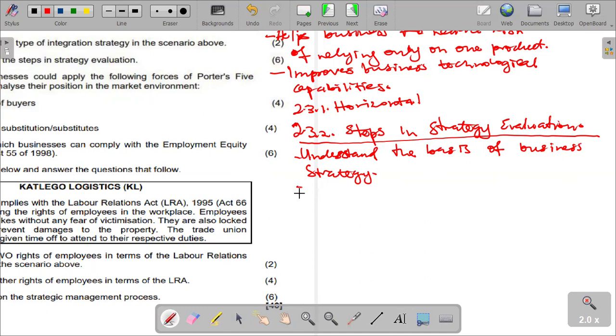Where is the business strategy? What is the foundation? What is the basis of the strategy there? Number 2, look forward and backwards on the implementation process of the strategy.